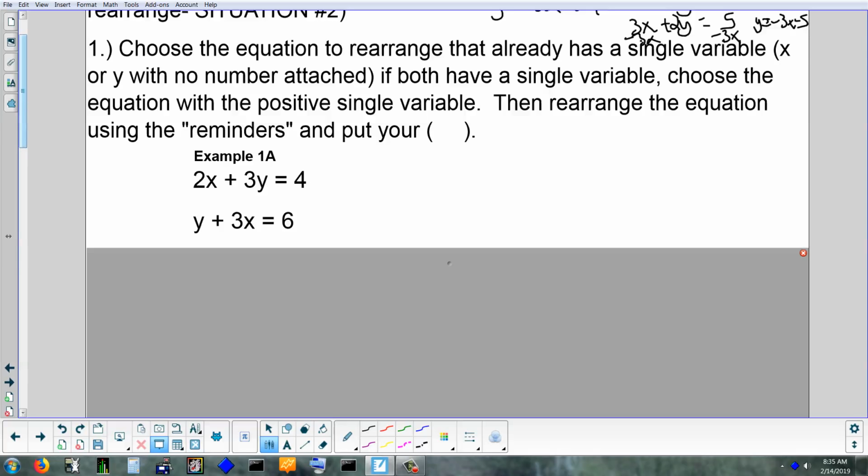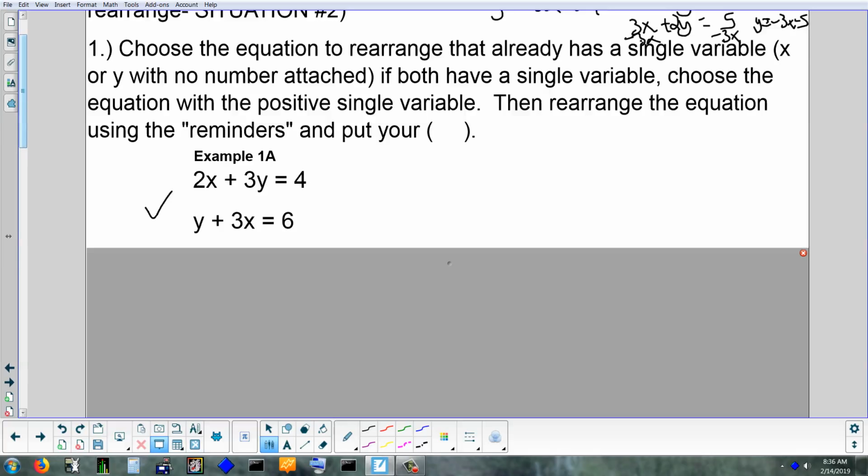There's nothing that meets that criteria of a positive single variable. Nathan, look at the bottom one. Do we have a positive single variable in the bottom one? Yeah, what is it? The y. There's nothing to the left of it, so we know that it's positive. So this is the equation that we're going to rearrange.